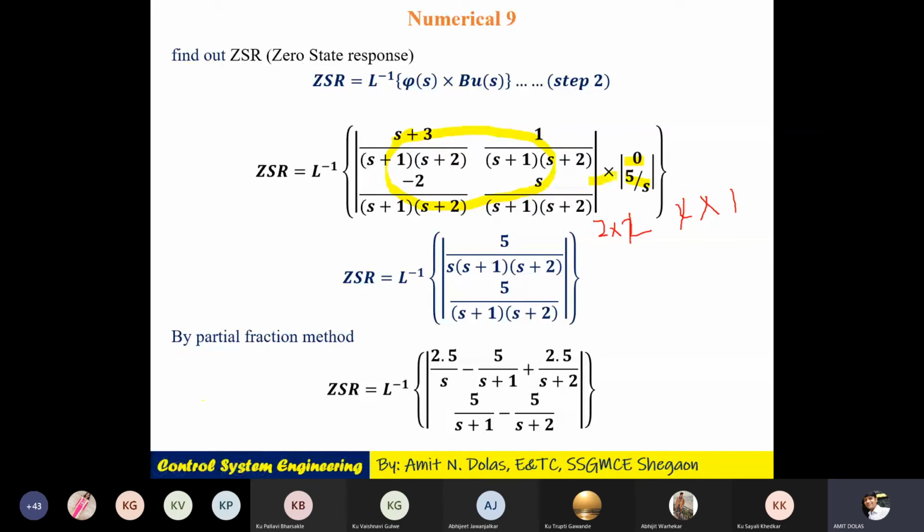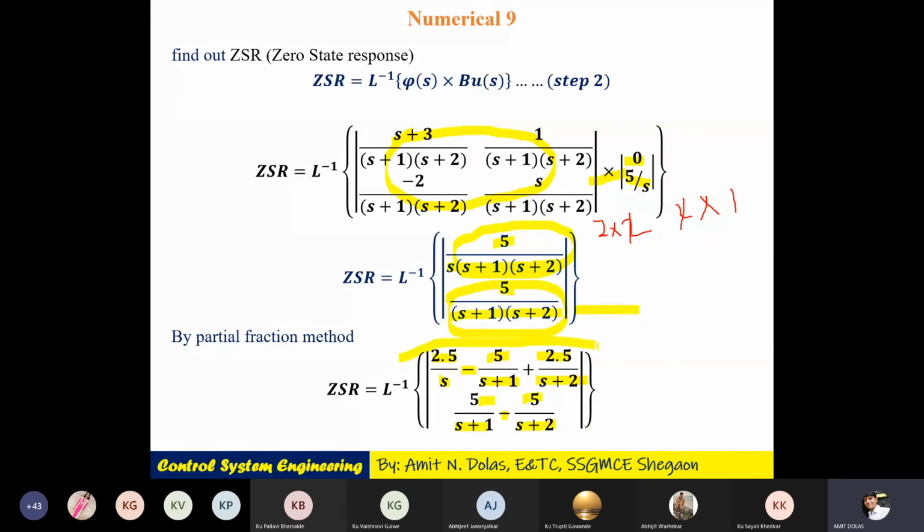So after solving this multiplication of 2 matrices, here you will get one element 5 by s into s plus 1 into s plus 2 and another 5 by s plus 1 into s plus 2. Again, applying partial fraction on these two terms, we get 2.5 divided by s minus 5 divided by s plus 1 plus 2.5 divided by s plus 2. And for second term, it is 5 by s plus 1 minus 5 by s plus 2.